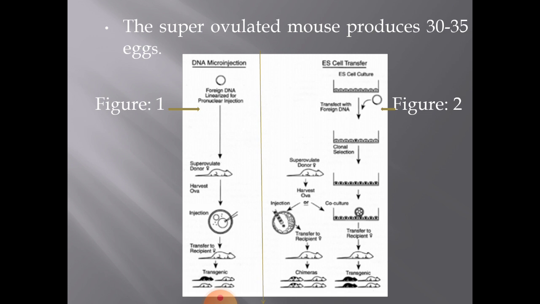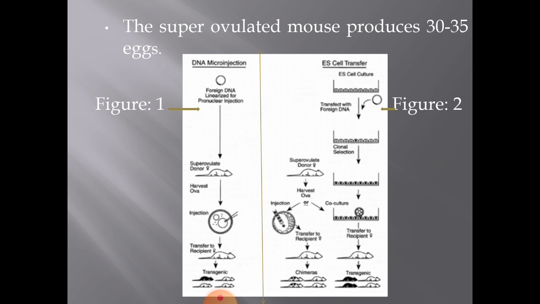Students, please note, in the fertilized egg you can see the 2 nuclei. The smaller one is the female pronucleus and the bigger one is the male pronucleus. You are going to inject the DNA of your choice into the bigger nucleus, that is the male pronucleus of the fertilized egg.